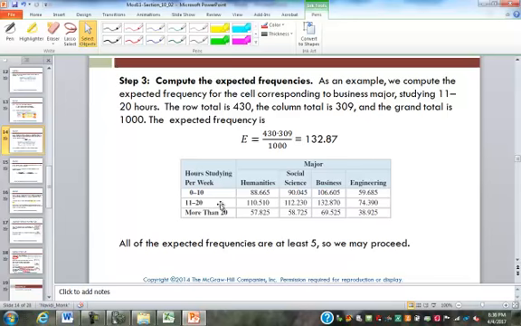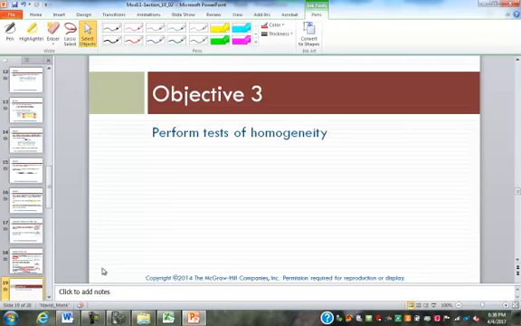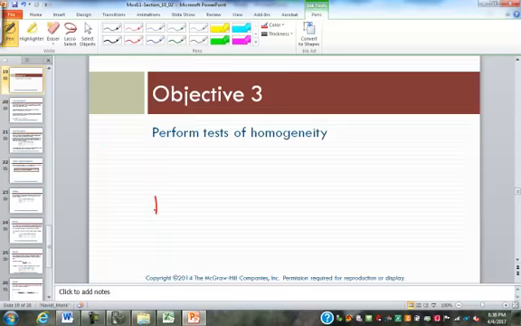And then we sorted them in the table according to their major and their hours studied. We did not separate them out before we selected them. So we were selecting from one population. So in the test of independence, we were selecting from one population.